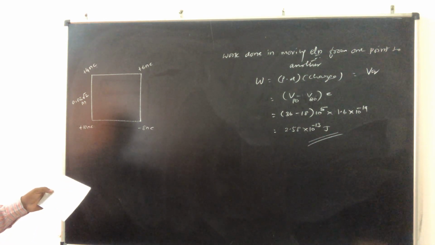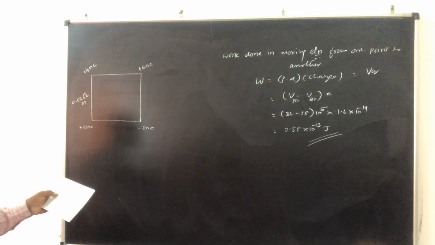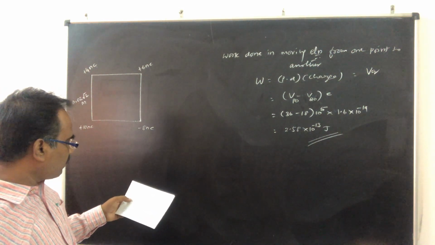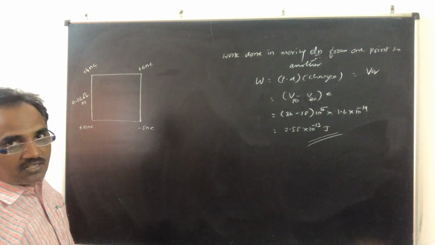Find the potential energy of a plus 1 microcoulomb charge placed at the center of the square.